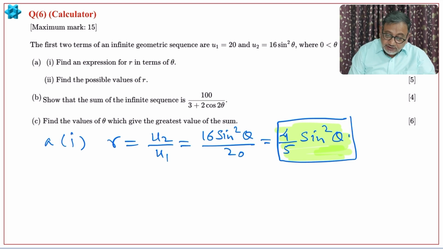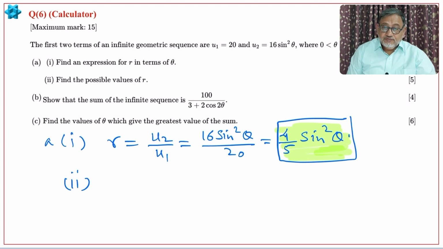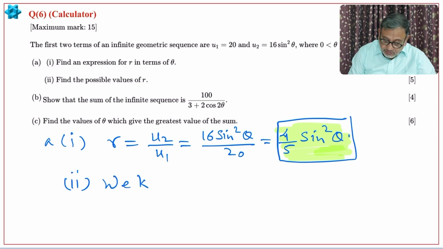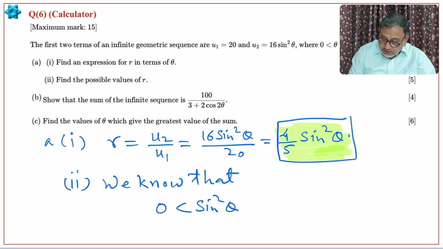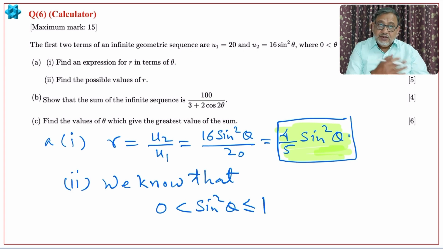Now second part says find the possible value of r. Now this is value of r, and r should be between, we know that 0 is less than sine square theta is less than or equal to 1, because we know that sine theta is between -1 and 1.